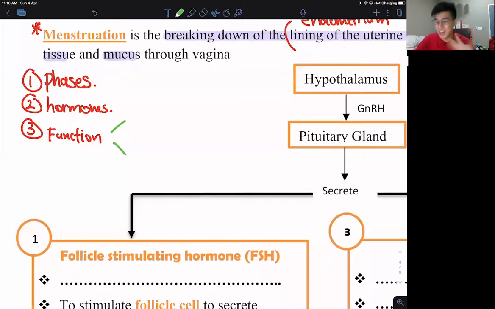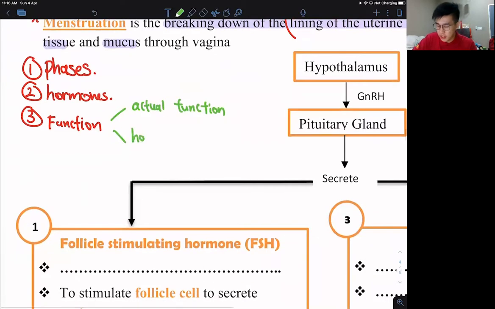Number 1, obviously, the actual function of the hormone, meaning what does the hormone actually do to the female? And the second is how does each hormone stimulate the next hormone? I'll explain in a moment. So you can write down here how it stimulates the next hormone.